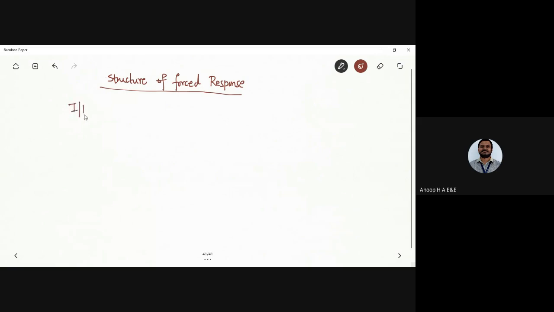I have the input, and next I have the structure of the forced response. What is the input that I'm going to give here? It is a general constant, so I'll call it C naught, and the structure of the forced response will be another constant, different from the input.